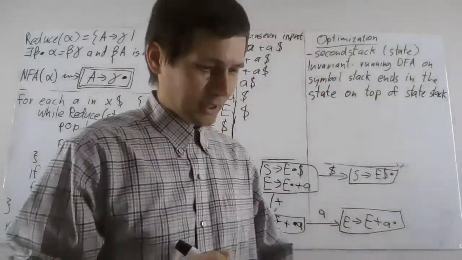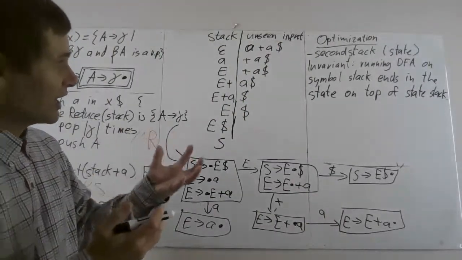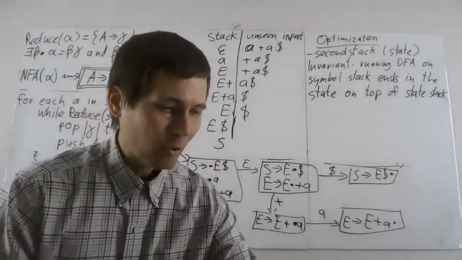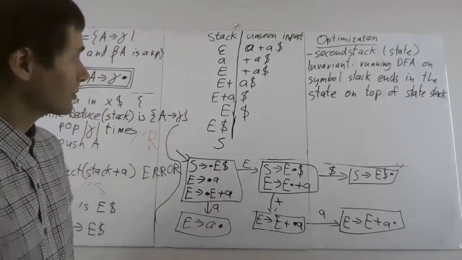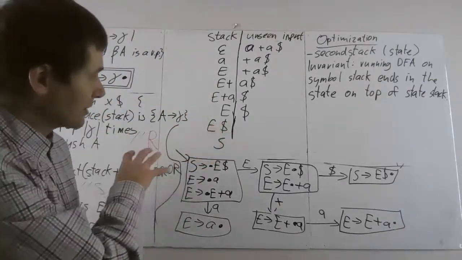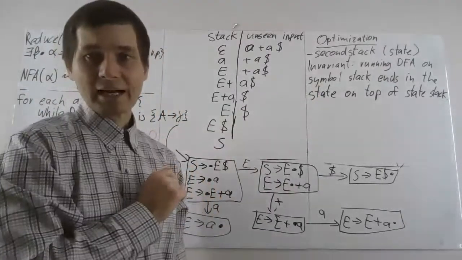Okay, so we have this second stack, and it just keeps track of where the DFA would end up if I was to run the DFA on the symbols in the symbol stack.